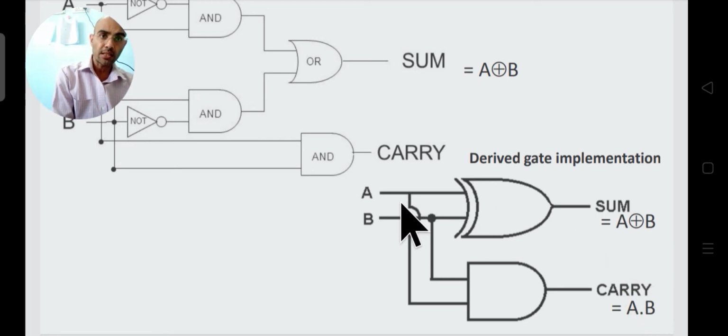So this would have been inside the black box. By writing the truth table and simplifying it using the K-map method, we have implemented the circuit with basic gates and derived gates.